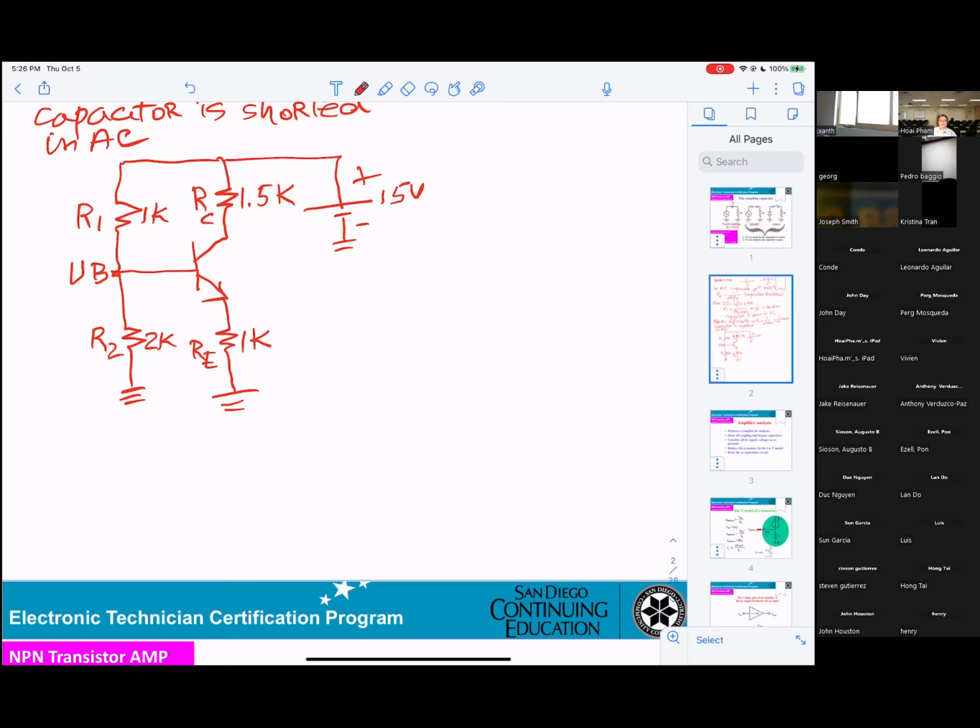Okay? And you already know the way to bias it. There are a few different ways, but this is the one I really emphasize. You can calculate without any thinking, okay? The thing is we're using it all the time, everywhere. First thing we need to calculate is the VB.